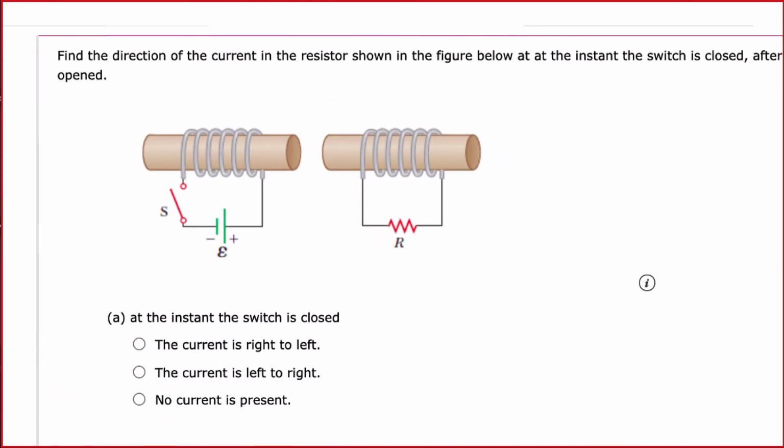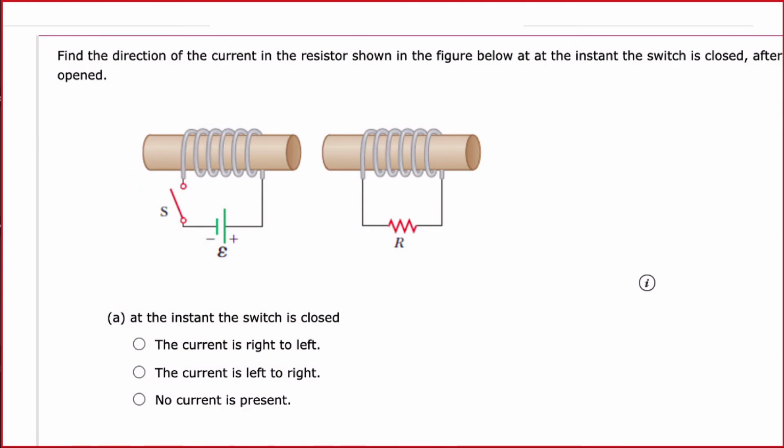Alright, so here is our setup. We have a solenoid with a battery and a switch, and beside this solenoid is another solenoid that contains a resistor. For the first question, we're going to determine the current through the resistor at the instant that the switch is closed, meaning this switch right here.